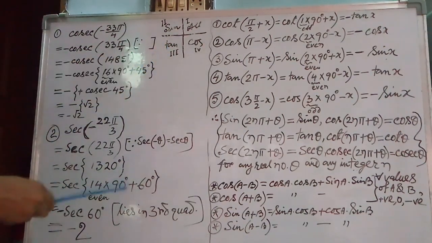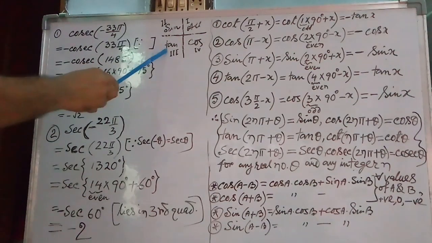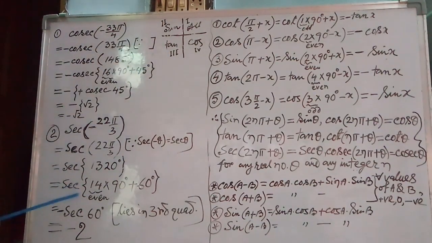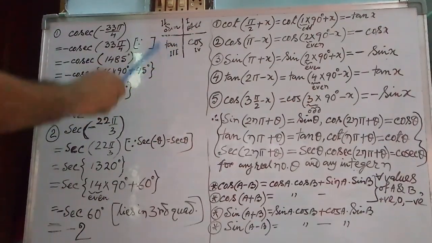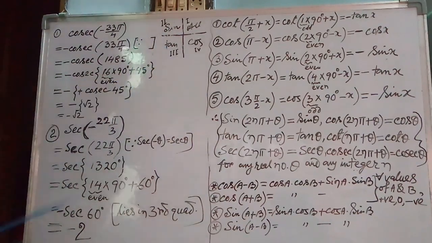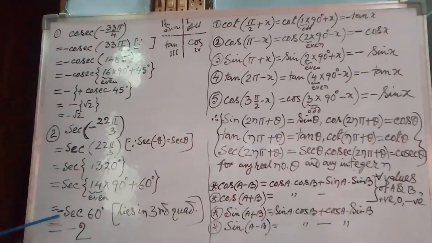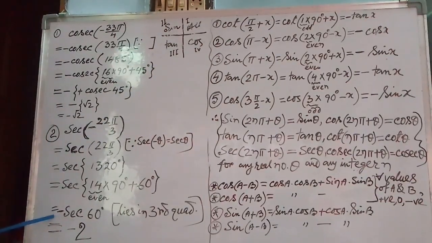So this will lie somewhere here in the third quadrant. In the third quadrant, sec is negative. Only tan and cot are positive. Here sec is negative, so we are putting a minus sign. So minus sec 60 is equal to minus 2.